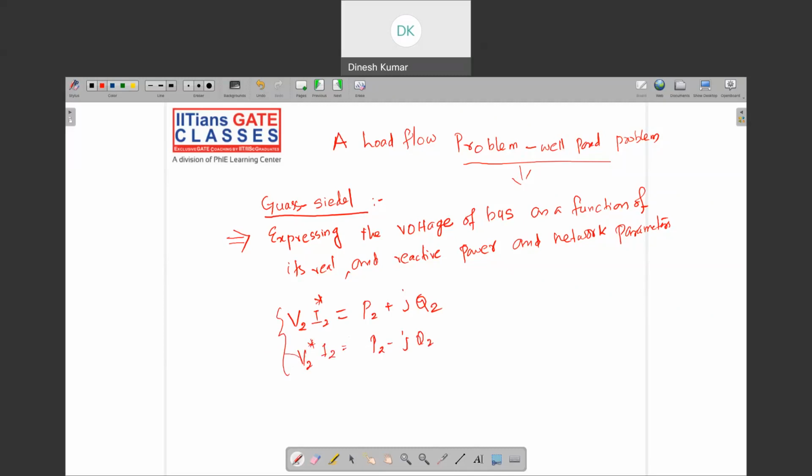Because in most cases this angle is very small, it is easier this way than taking I2 star, since I2 is almost unknown. If I take the star, we would have to take the star of everything later. But V2 is the voltage, so if we know V2, then V2 star is easy to take. That's why we take the conjugate, only for mathematical simplicity, because we can then simplify the expression.